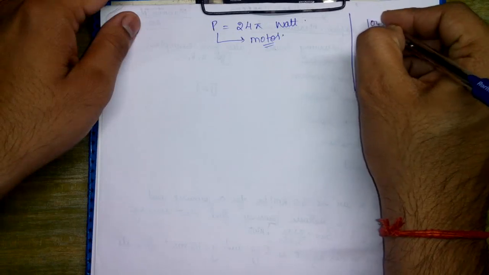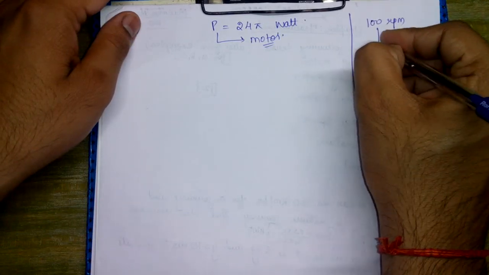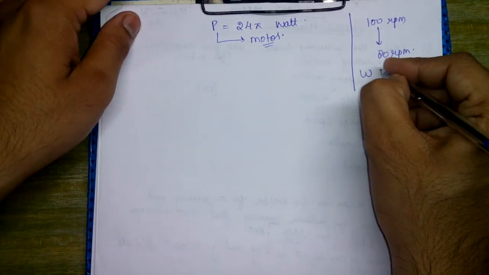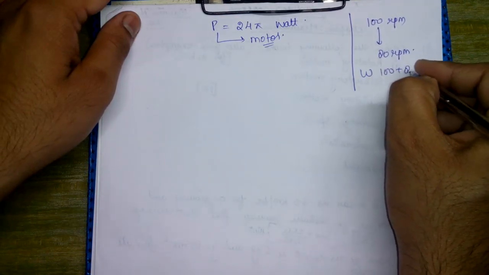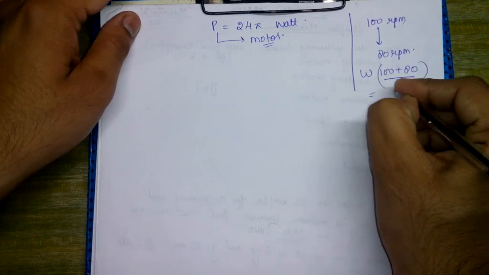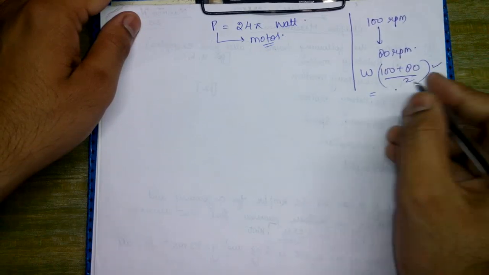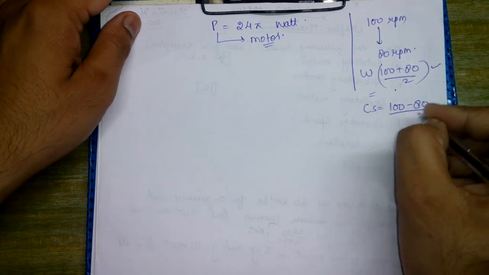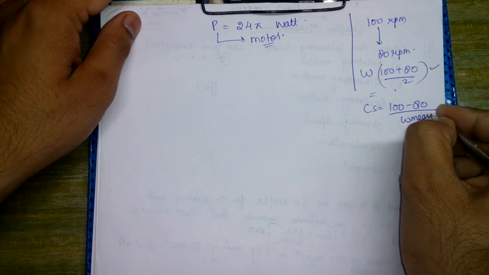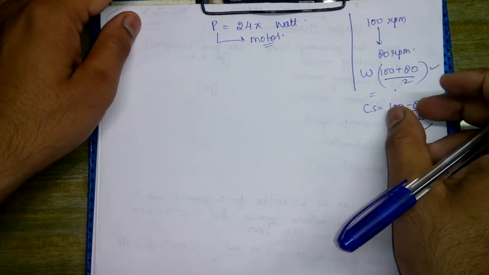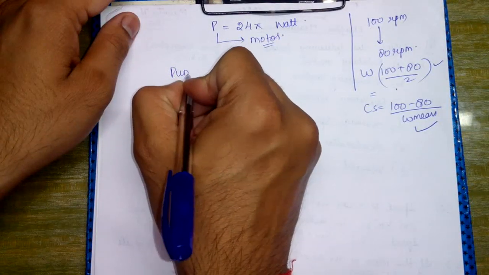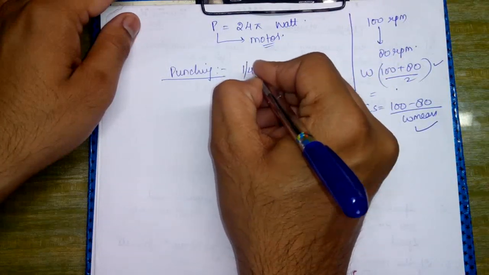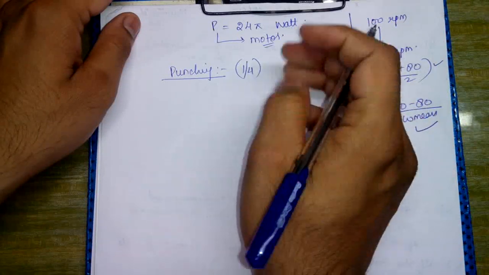Now since the speed was decreased from 100 rpm to 80 rpm, omega average would be 100 plus 80 upon 2, and Cs would be 100 minus 80 upon omega mean. We can also find out this parameter. Now if we consider only the punching portion, the time required is only 1 upon 4th of a second.